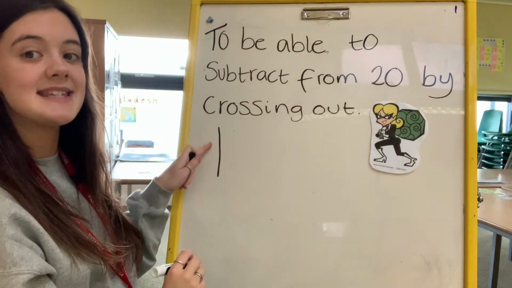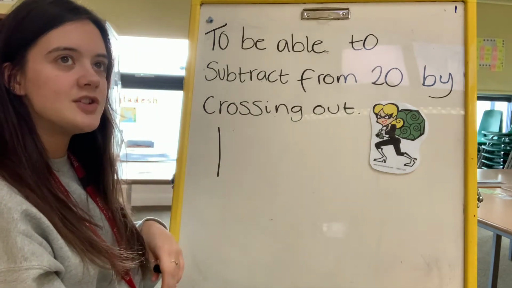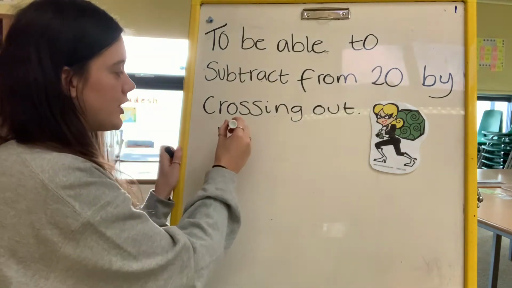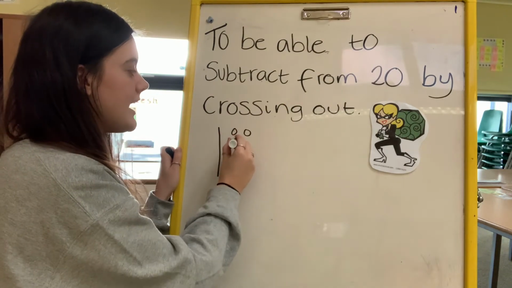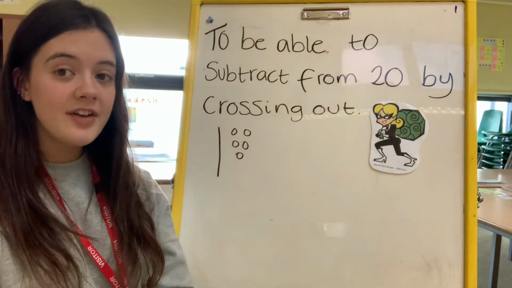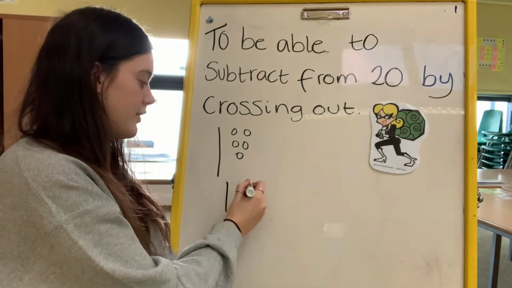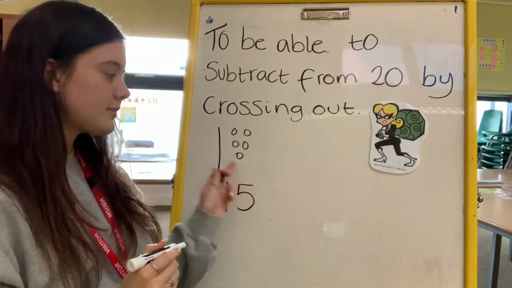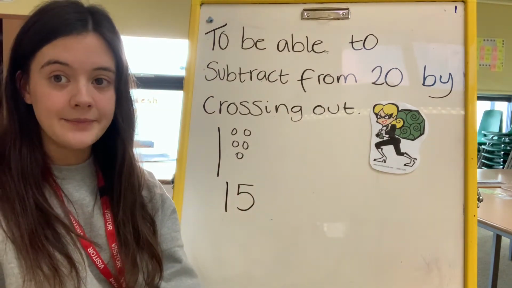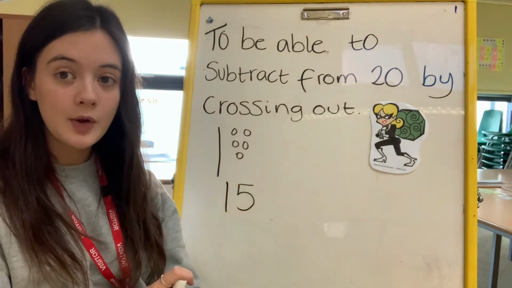This represents 10. So 15 has 5 ones. So for my ones, I'm just going to draw 5 circles. So I had 15 pens. So I'm going to write the number 15 under my base 10.